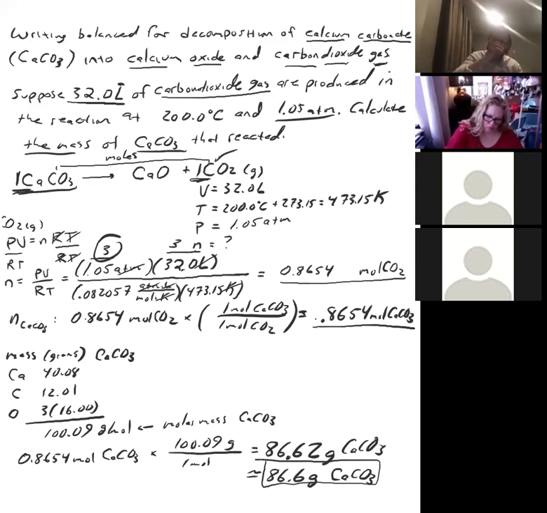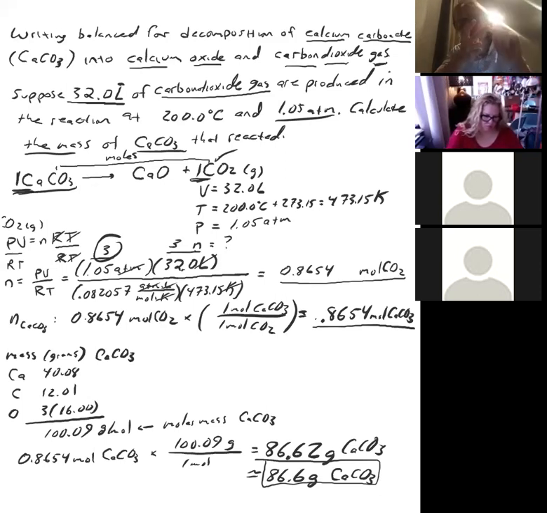Okay. So these problems are interesting because you're going to have completely different units for different materials. If it's a gas, you're typically not going to see a problem where they give you the mass of the gas. You could do gas problems with masses. The problem is it's hard to measure the mass of a gas. It's not impossible. It takes a little more effort. But measuring the pressure of a gas is very easy.